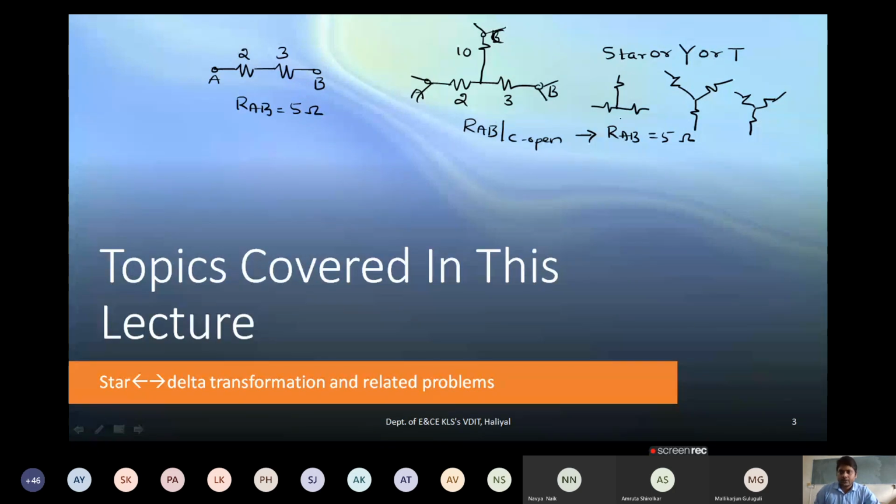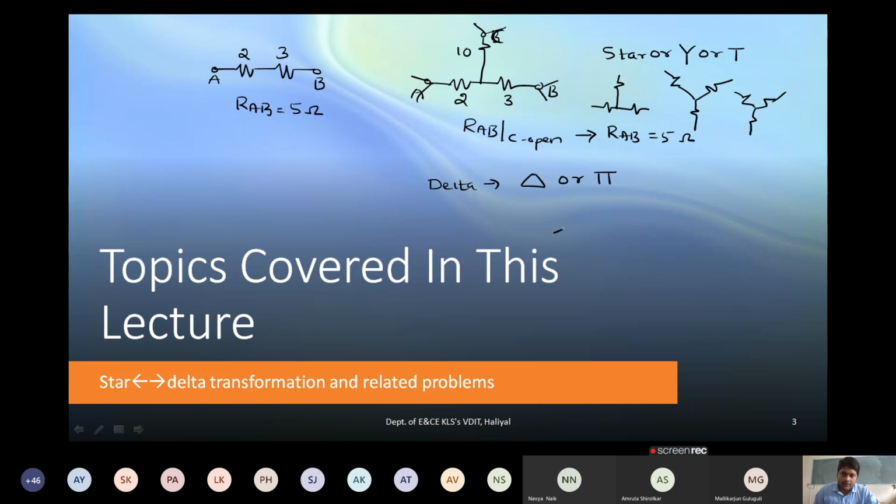One more network representation is the delta. So for the delta network, sometimes the symbol is used like this, or even they use the symbol like this, pi. It looks like a pi shape.